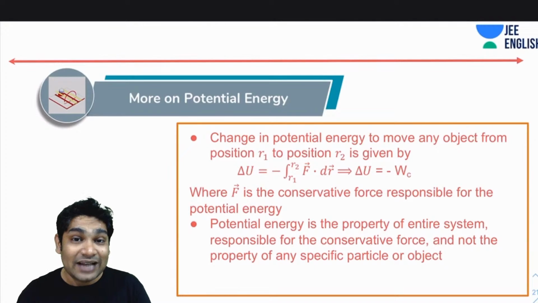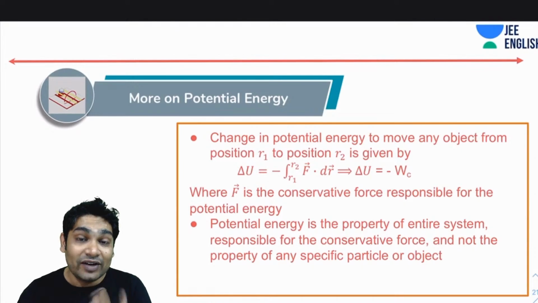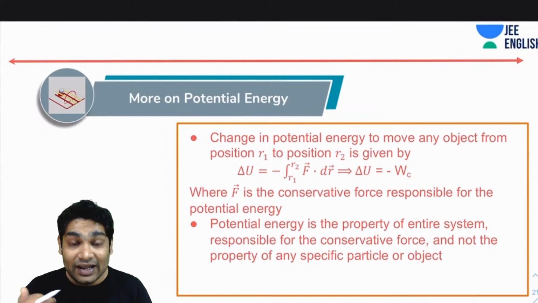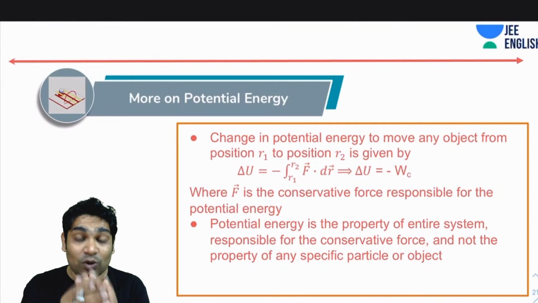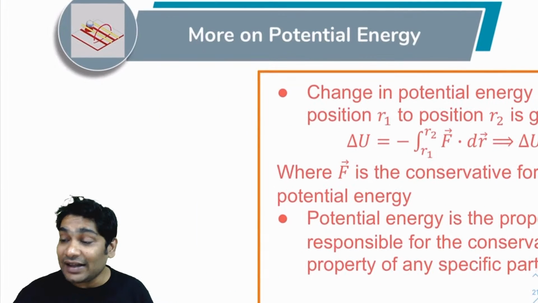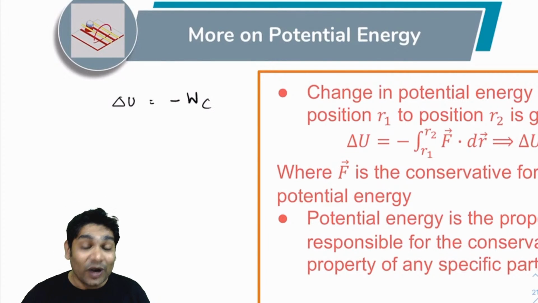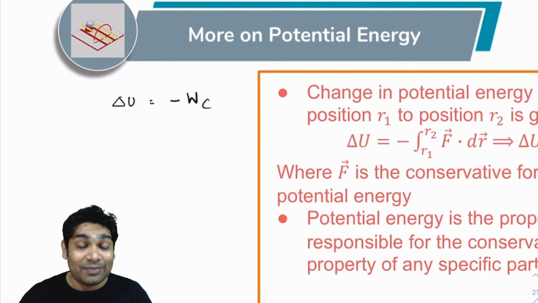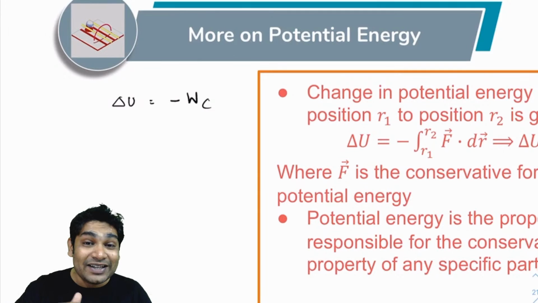Negative work means I'm taking energy from someone. Whenever it takes energy, it stores that energy in the form of potential energy. That is why we define delta U as minus times WC. Whatever negative work a conservative force does, we say that by this much amount, its potential energy has increased.